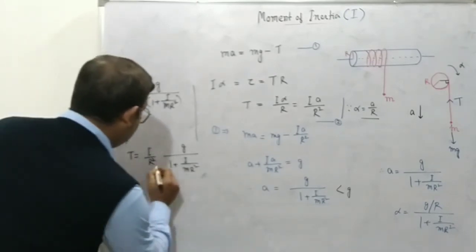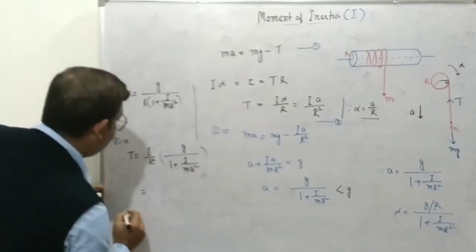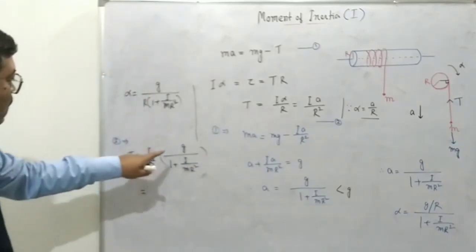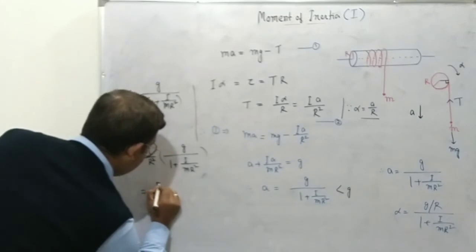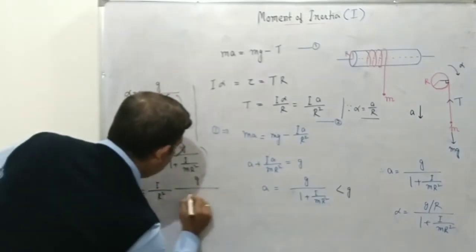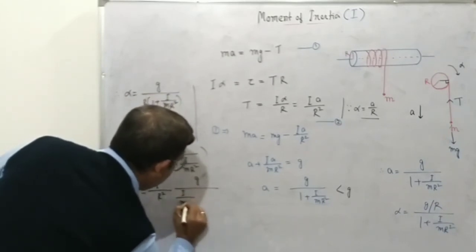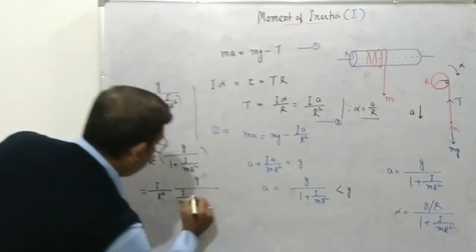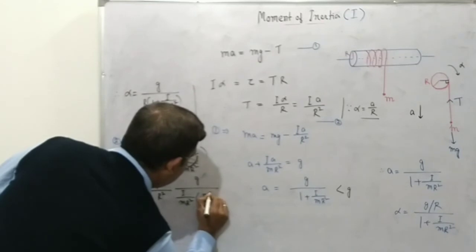This will be equal to I by R squared times g divided by, if I take I by m R squared common from the denominator, m R squared by I plus 1.